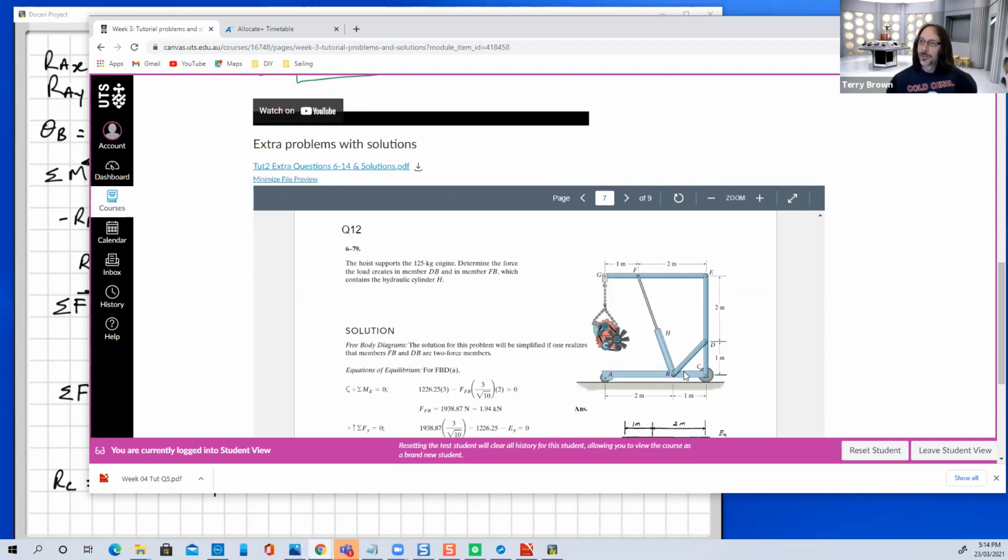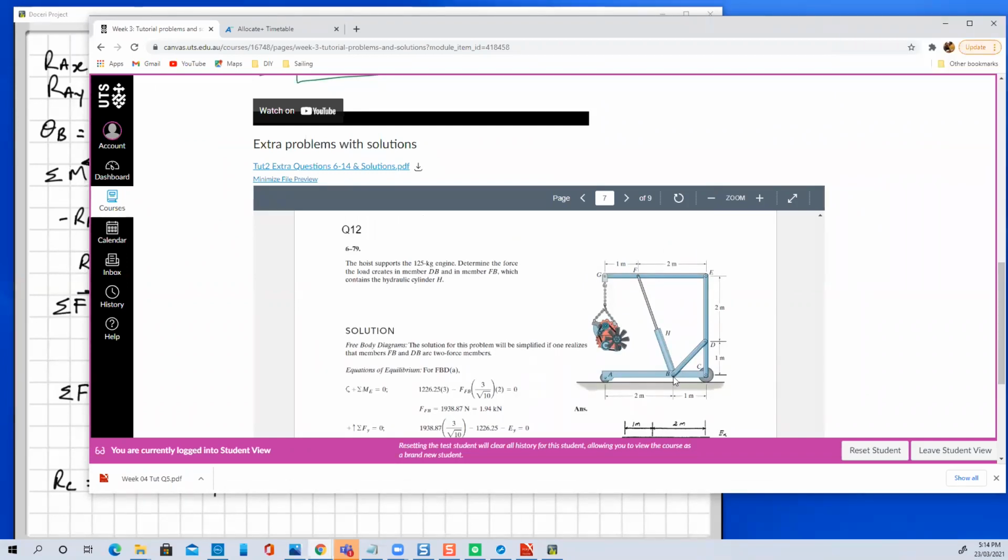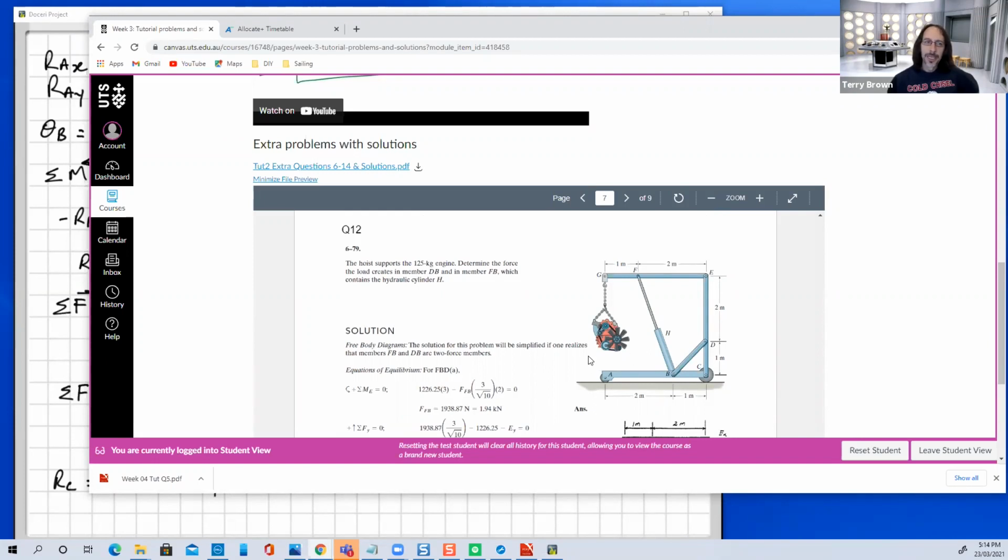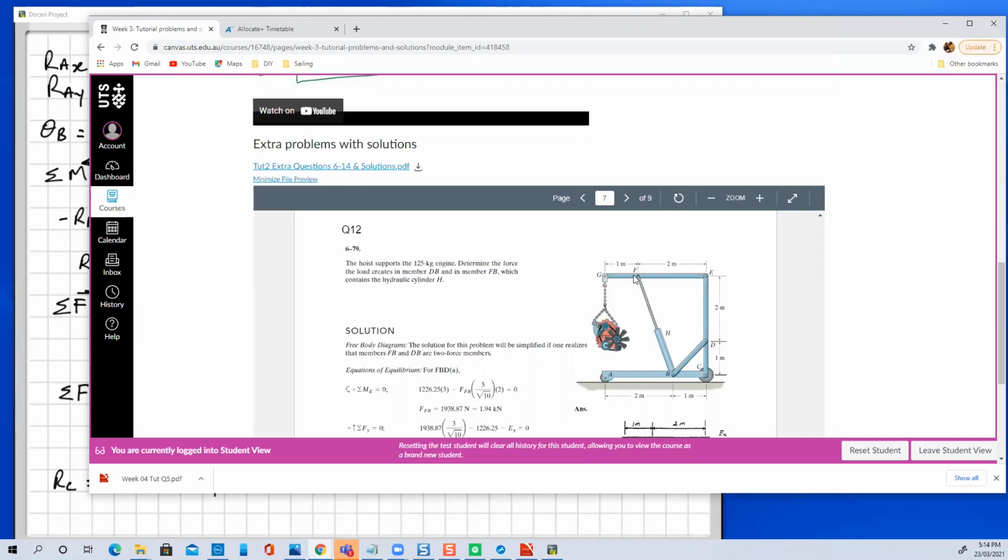And here you've got 2 members connected at this point here. I don't know whether you can imagine what the free body diagram is going to look like here. BD is a 2-force member, BHF is a 2-force member, right?